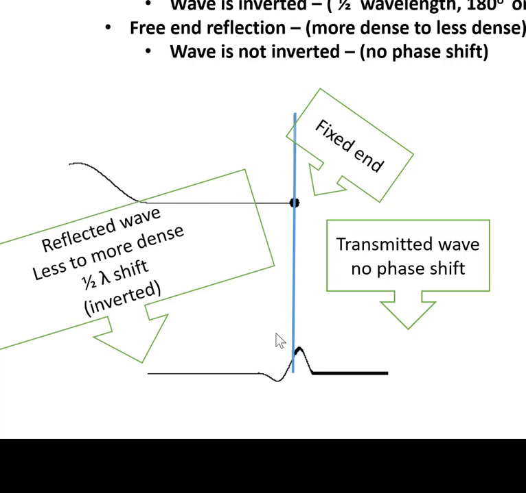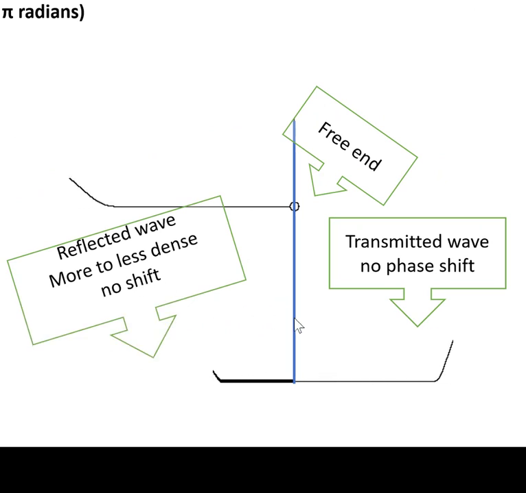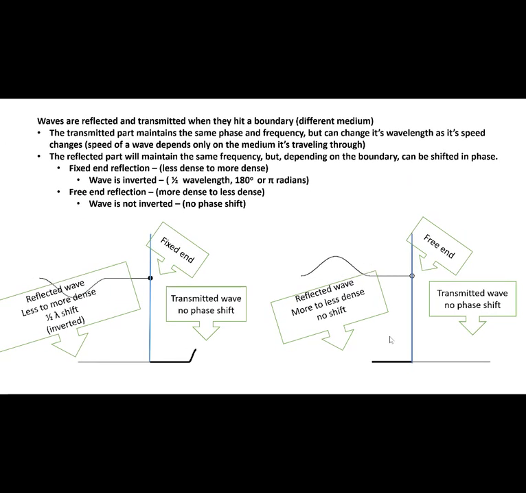The reflected wave, going from less to more dense medium, has a half a wavelength shift. It's inverted, or 180 degrees, or 1 pi radians out of phase. If we go over to the other one, going from a more dense to less dense medium, the reflected wave has no shift. So whether the wave gets shifted or not in its reflection depends on what kind of boundary it's going through. And all of the transmitted waves have no phase shift.